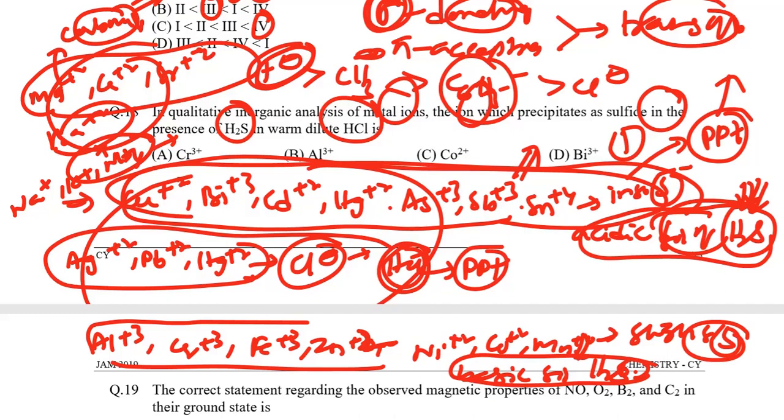In qualitative inorganic analysis of metal ions, the ion which precipitates as sulfide in the presence of H2S in warm dilute HCl is. Okay, here warm dilute HCl.